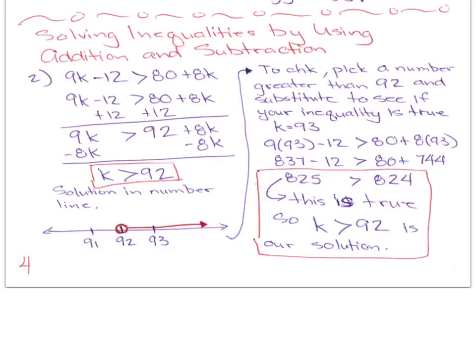So right here we ended up with 825 is greater than 824. Because it is true, we know that k is greater than 92 is our solution to this inequality. I know there's a lot of steps there, but please, please, please, take your time to study this. You already saw this in your notes. Lessons 1 through 6 covers all the inequalities that you need to know.